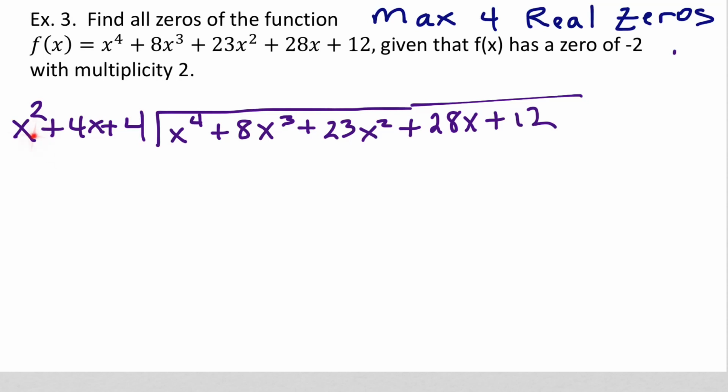I'm going to ask myself, what do I have to multiply x squared by to get x to the 4th? That would be x squared. So x squared times x squared is x to the 4th. X squared times 4x is 4x cubed. X squared times 4 is 4x squared.